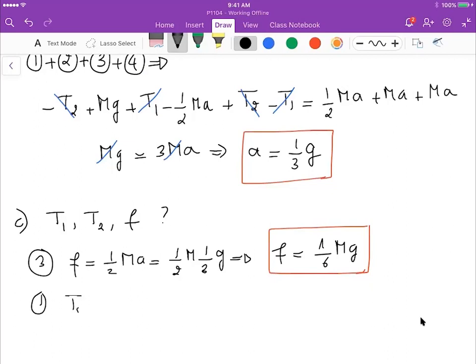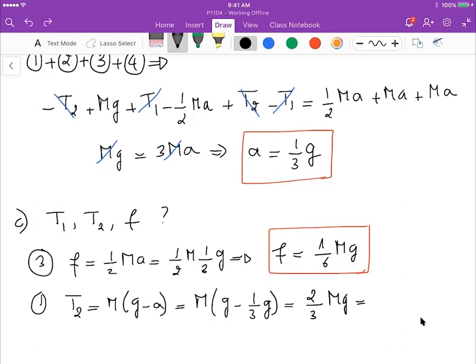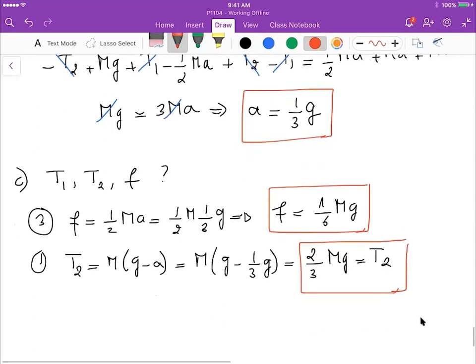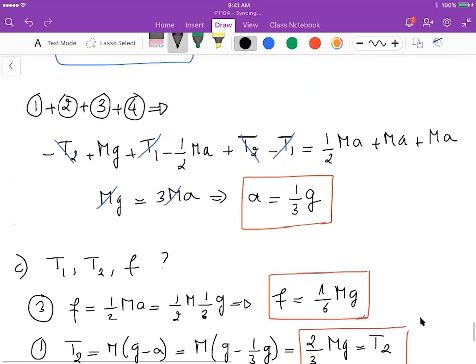Oh, T2 مباشرة is equal to the mass multiplied by G minus A. So it's equal to M multiplied by G minus 1 over 3 G اللي هي 2 over 3G. So we end up with 2 over 3 mg. And so this is the value of the tension T2, right?